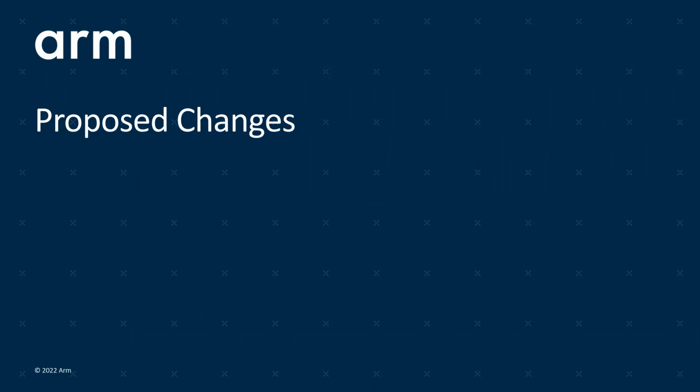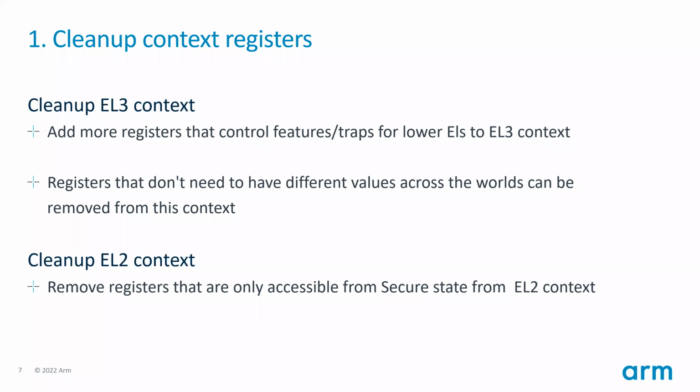So Zelalem will walk through some of the code changes involved as part of the discussion. Zelalem, would you like to? Yeah, can you hear me? Yes. Okay, so I'll just go through the specific changes that we are planning to do.